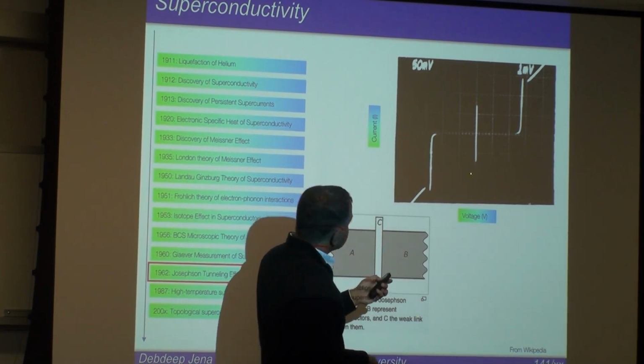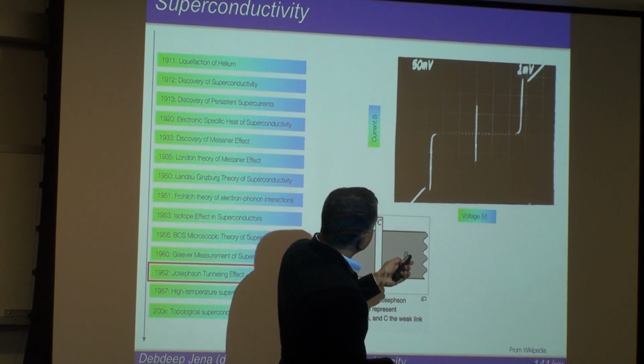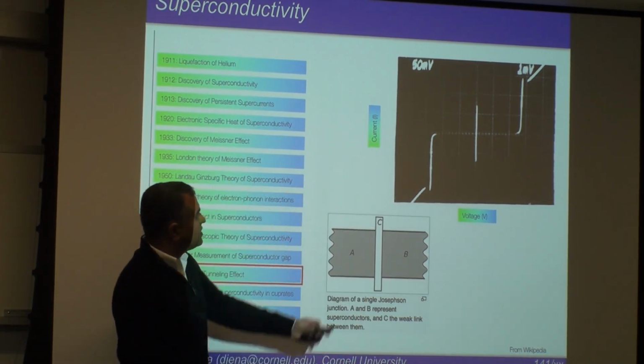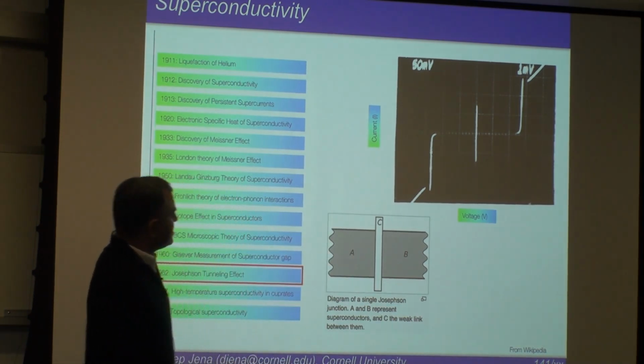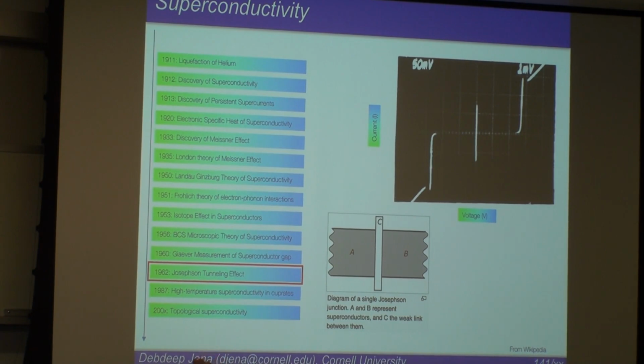But you also see a very interesting behavior. This is a DC current which flows at 0 voltage, up to a certain level here. This is the DC Josephson effect. And what is even more interesting is the AC part of it. But let's talk a little bit about how the current flows.